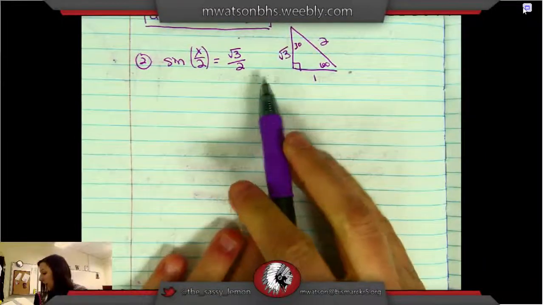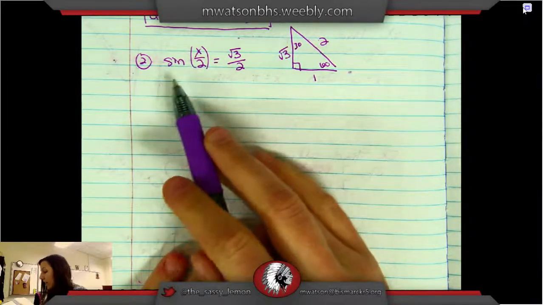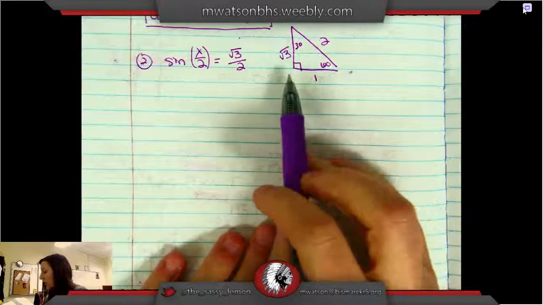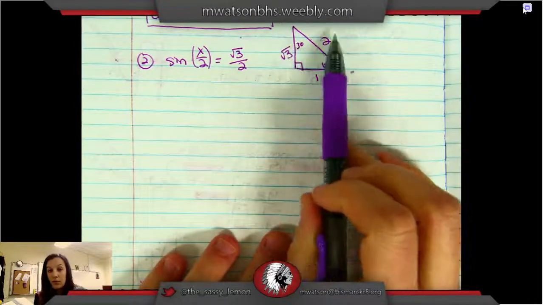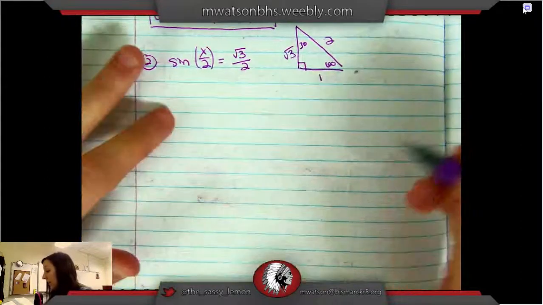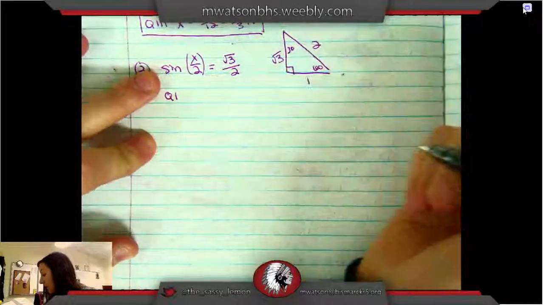And here I'm going to look for sine, so I want opposite over hypotenuse. So from which angle is opposite over hypotenuse going to be square root of 3 over 2? Well, that's going to be 60. So I know that my answer for quadrant 1 is going to be 60 degrees.